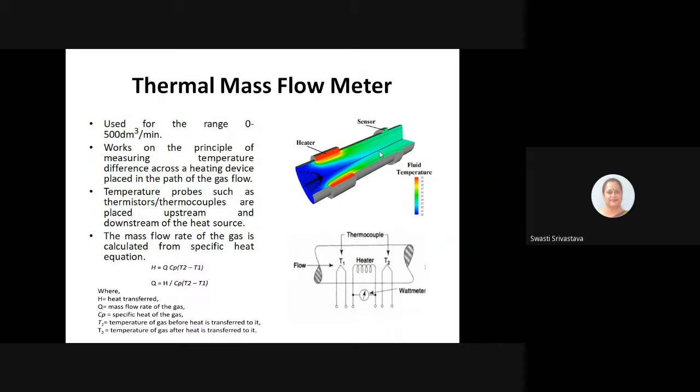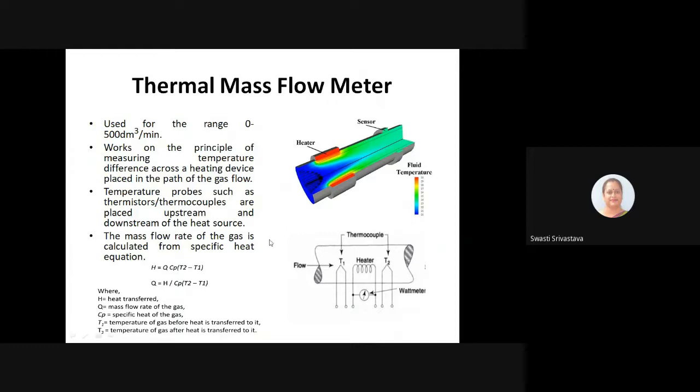Temperature probes such as thermistors or thermocouples can be put upstream as well as downstream. As you can see in the diagram, the gas is entering from one side, and at both ends, upstream where it is entering and downstream where it is exiting, a thermocouple has been put up, which can also be replaced by a thermistor.